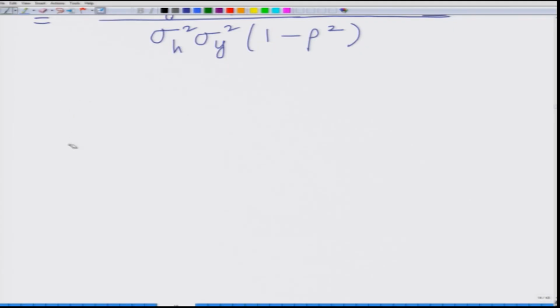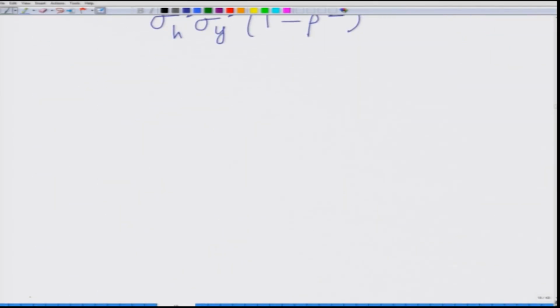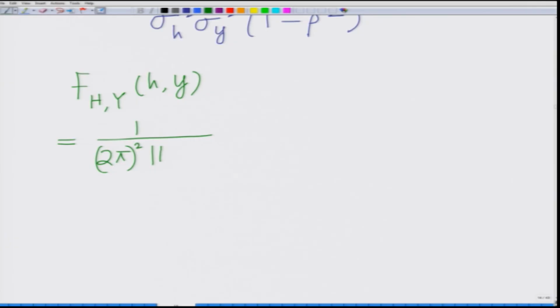So, f of h comma y of h comma y is equal to 1 over 2 pi square root of determinant of R times e to the power of minus half.